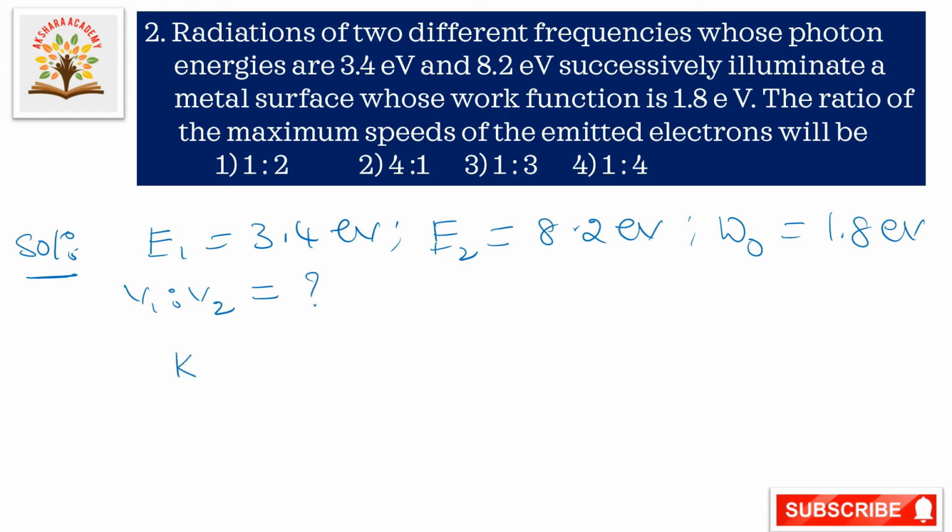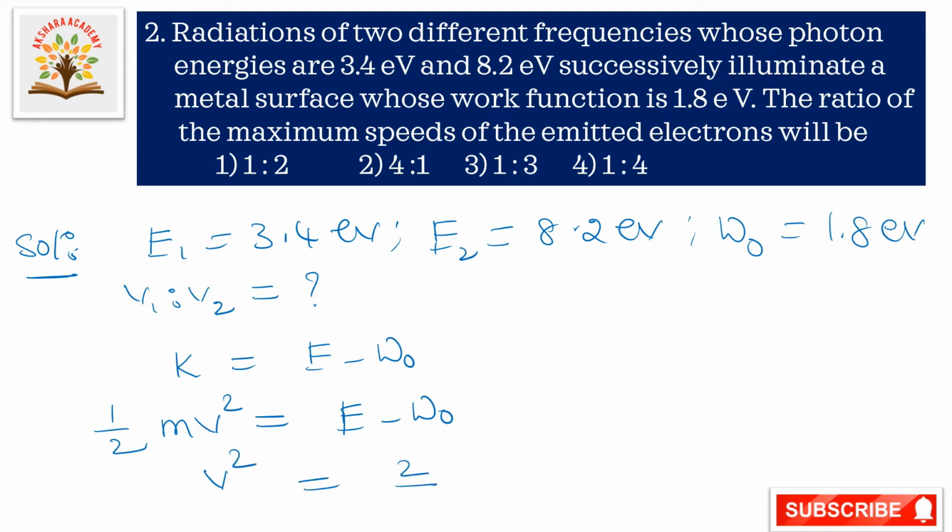So K equals E minus work function W naught. Kinetic energy is half mv squared, which equals E minus W naught. From this we write v squared equals 2 by m of E minus W naught.